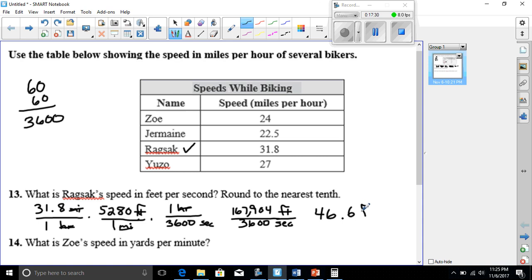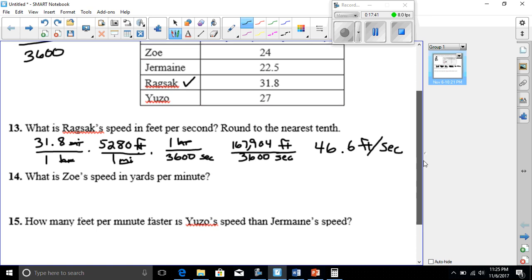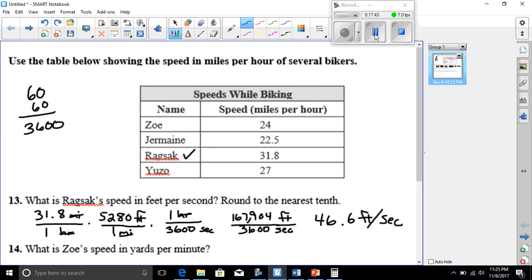Feet per second. And I think you guys can do the rest of it. I'm going to leave those for you. Okay? Good luck.